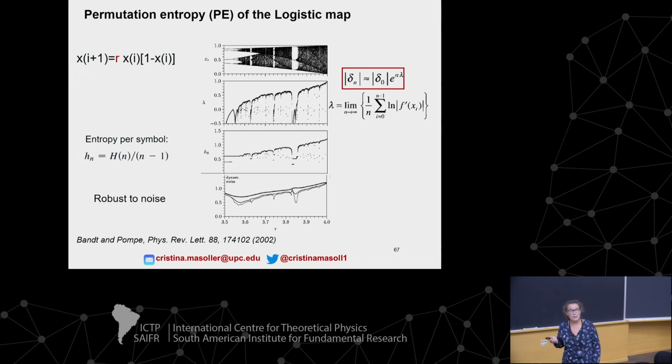But it's considerably more simple to calculate than the Lyapunov exponent. And it's very robust to noise. If you add dynamical noise or observational noise, you can still get an idea that the parameter R makes the system more chaotic just by computing this entropy.